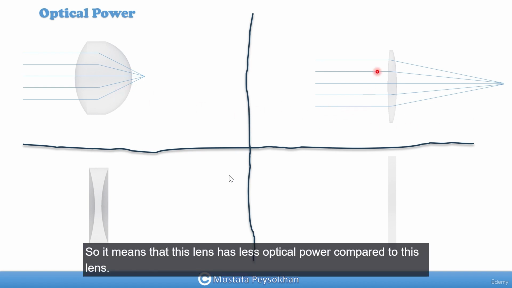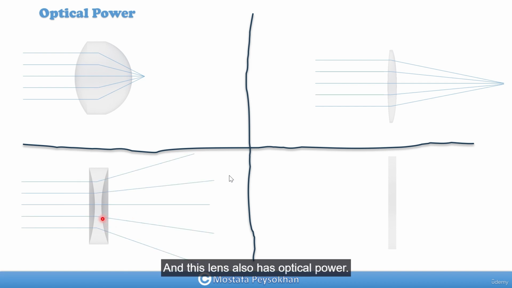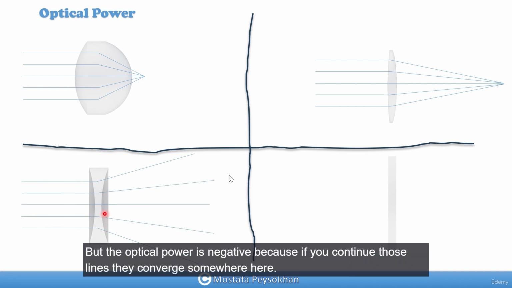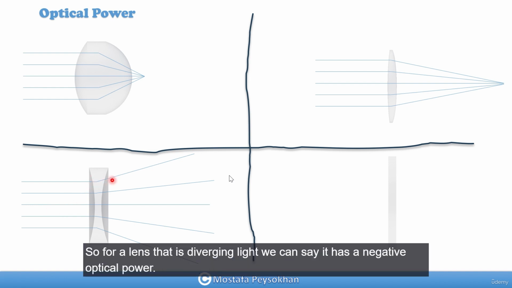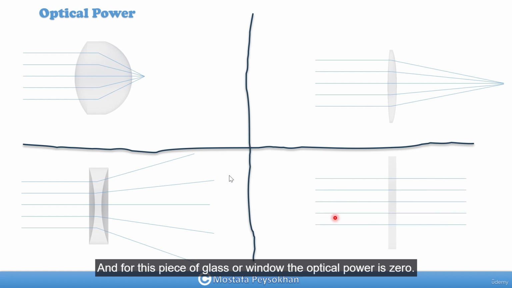So this lens has less optical power compared to the other lens. And this lens has negative optical power, because if you continue those lines, they converge somewhere here. So this lens is actually diverging. For a lens that is diverging light, we can say it has a negative optical power. And for this piece of glass or window, the optical power is 0.